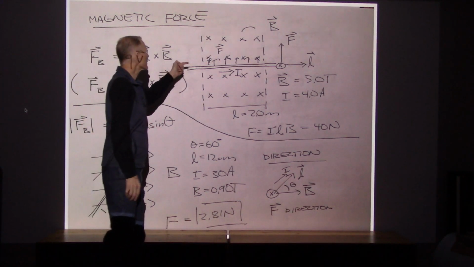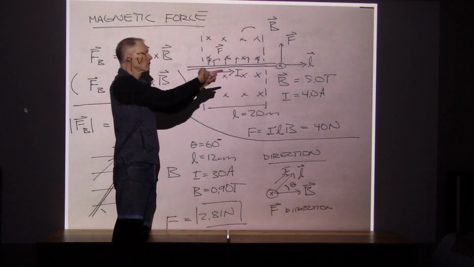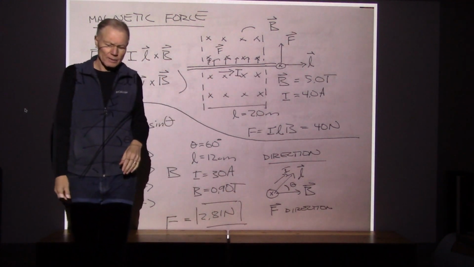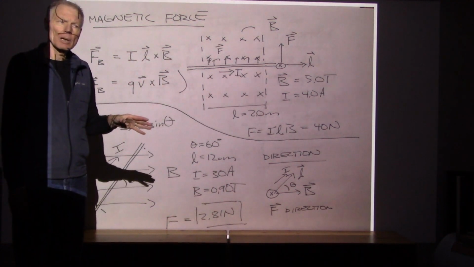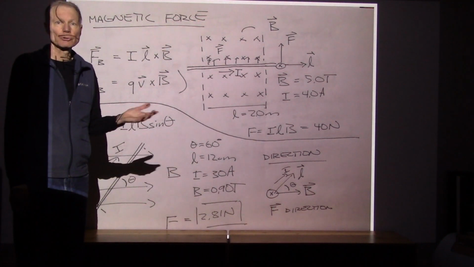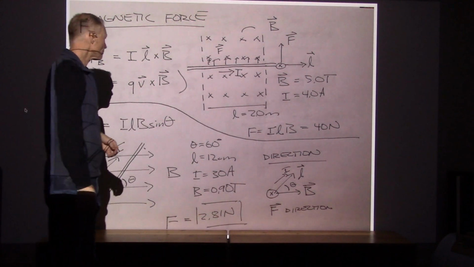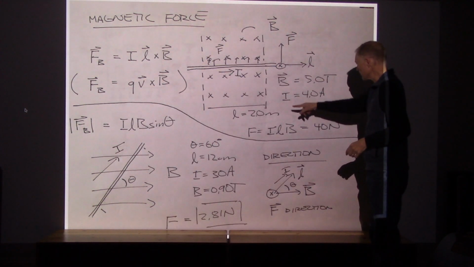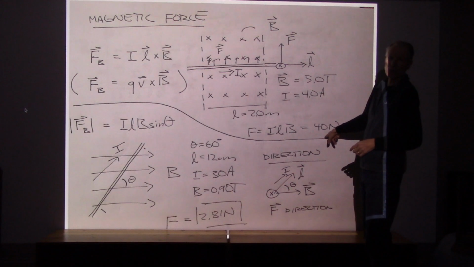What's happening here is I've got the velocity in this direction, the magnetic field is perpendicular, that's 90 degrees. So at 90 degrees, the cross product factor, the angular factor, just becomes 1. I've left that out in this calculation, but putting all these other numbers in, I ended up with 40 newtons.